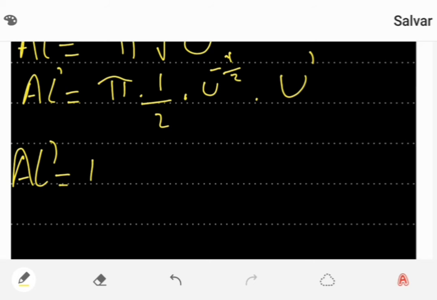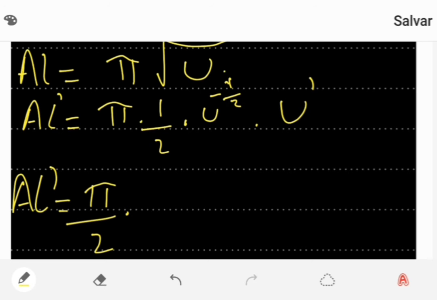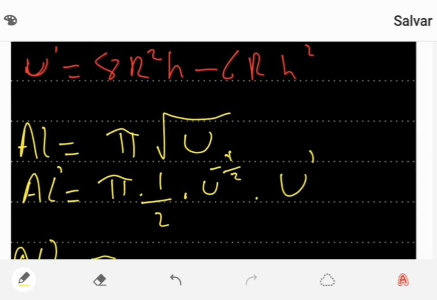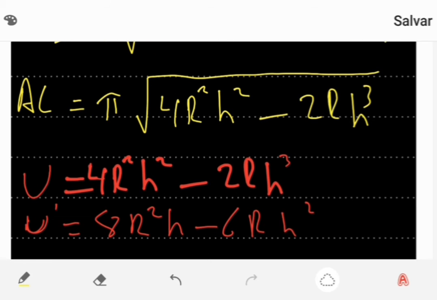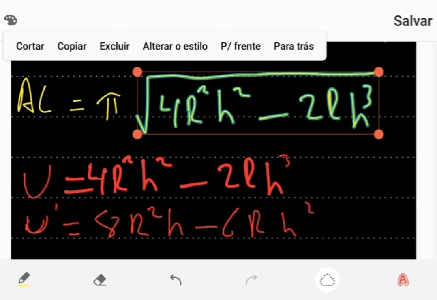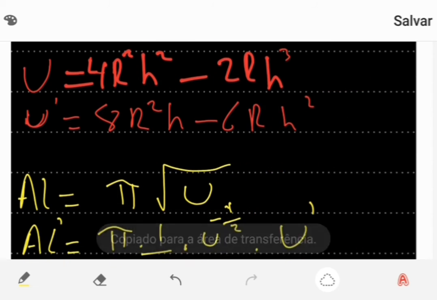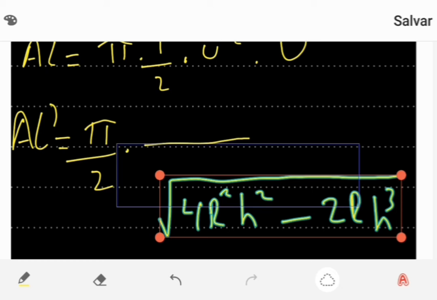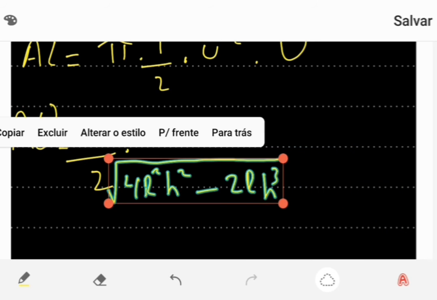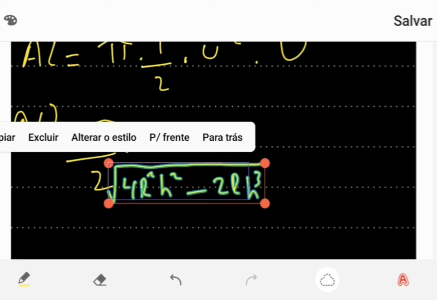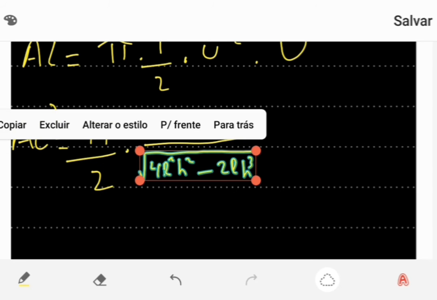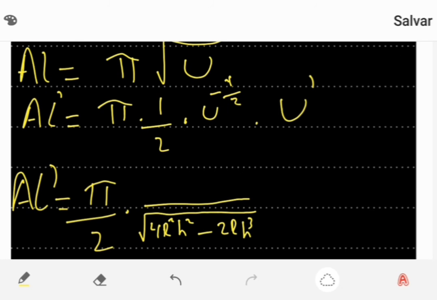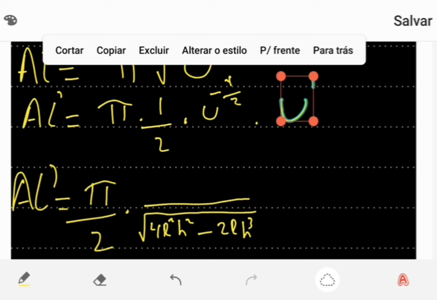Now we just need to put the values of U. So pi divided by 2 multiplied by, now you see that this is minus, so the square root of U. What is the square root of U? Well, this is the square root of U over here, multiplied by U prime.